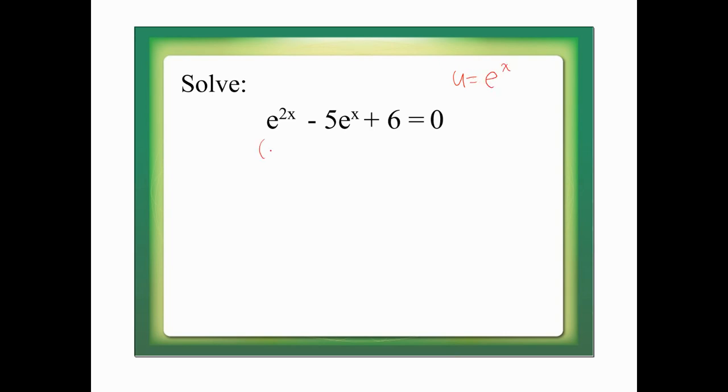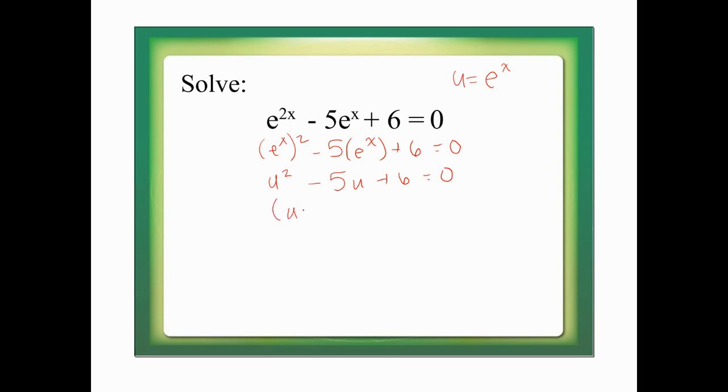So I could say e to the x squared minus 5 times e to the x plus 6 equals 0. If I plug in u, I now have u squared minus 5u plus 6 equals 0.